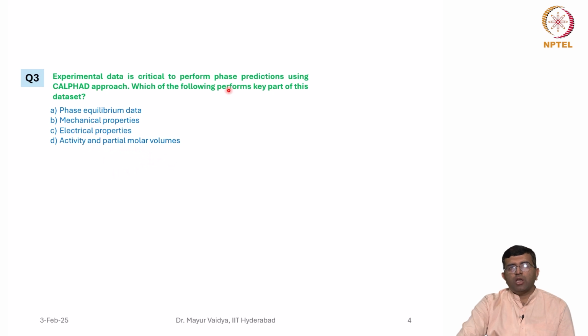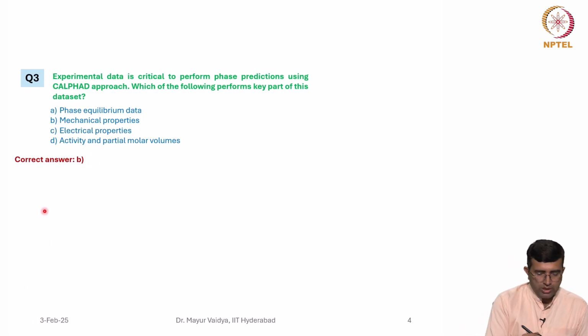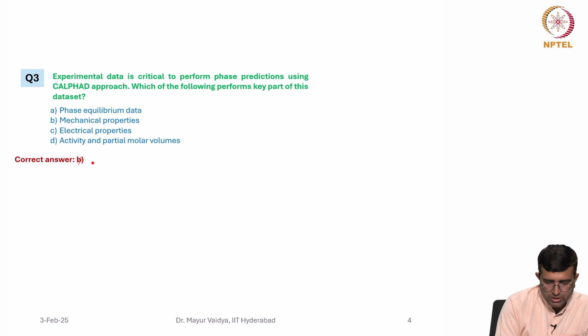So since we are talking about phase predictions using the CALPHAD approach, what we are looking at is the data related to the equilibrium of the phases, either the variables or the parameters which can affect it. So in this case, the correct options come out to be phase equilibrium and the activity and the partial molar volumes. So sorry, the option is wrongly written here. Let me correct it. So this should be A comma D.